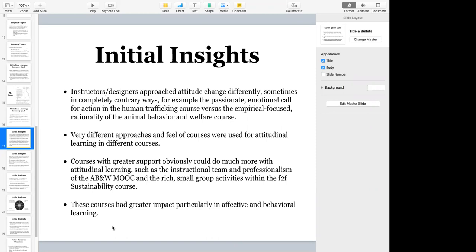So these courses had greater impact, particularly in affective and behavioral learning, whereas the cognitive learning didn't change a whole lot in terms of their result when it was less rich and less personal of an experience.